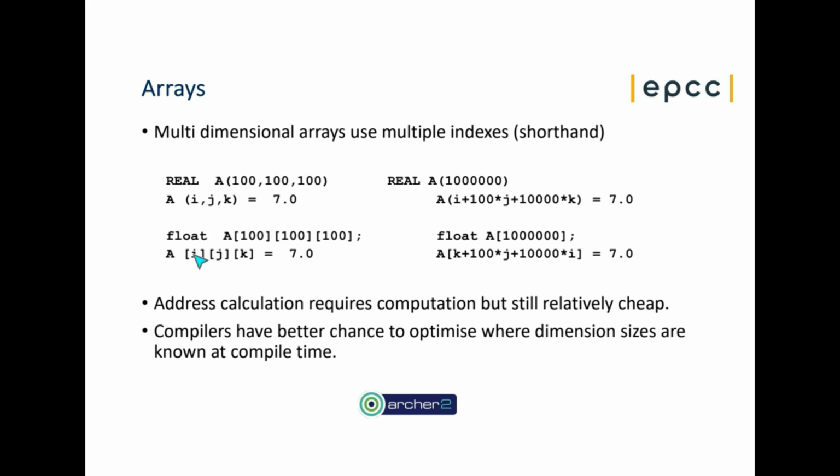It does this optimization where effectively the loop index never needs to be actually calculated, and all you see in the assembly code is address increments to point to the next element of the array. Nevertheless, compilers may do better if they can see the array dimensions at compile time.